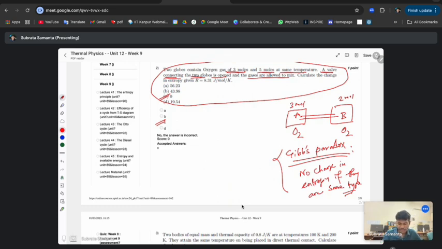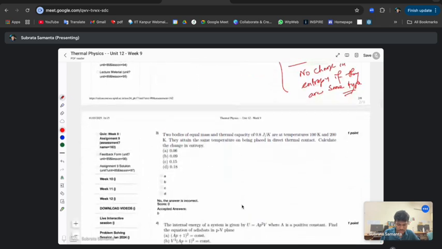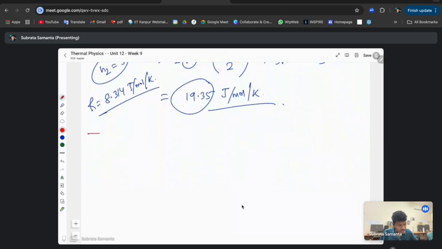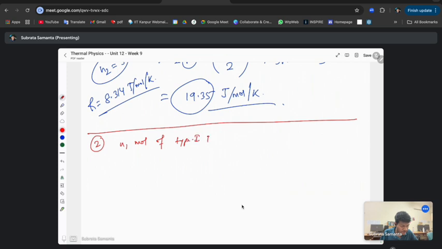In this context I will discuss some things. If we mix two different gases, just like problem number 1, say N1 mole of type 1 gas where the volume is V1, and N2 mole of type 2 gas where the volume is V2.